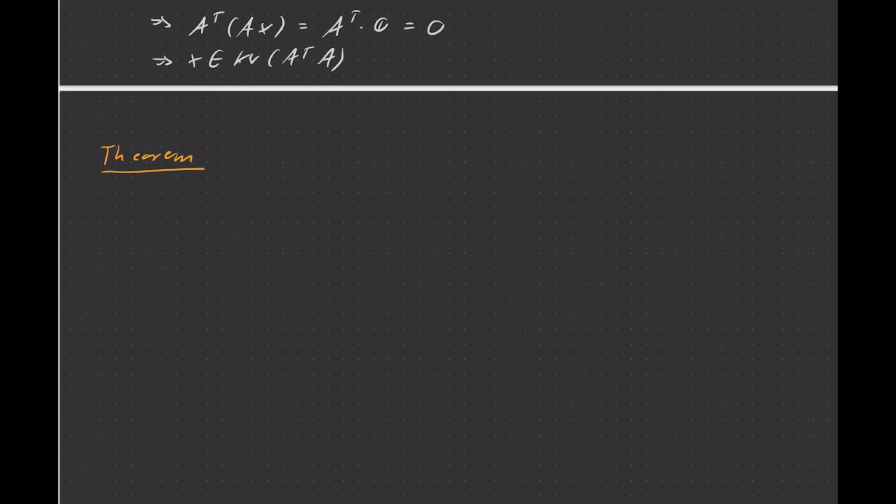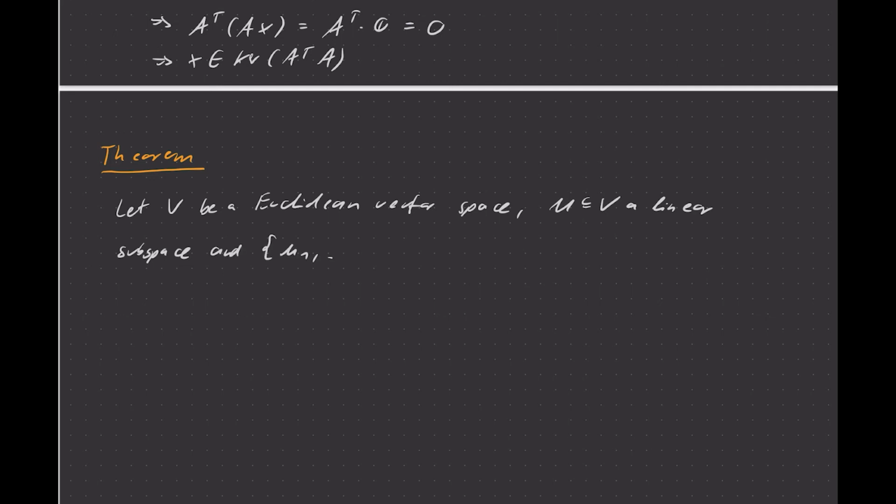Let V be a Euclidean vector space. Let U in V be a linear subspace. And let's say we have u1 to uk, and that is an orthonormal basis of U.